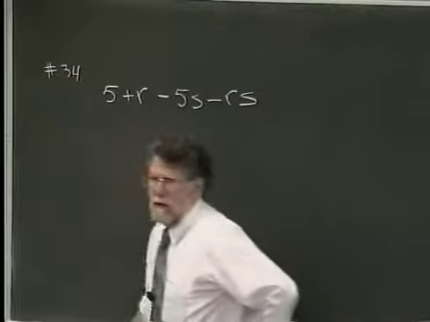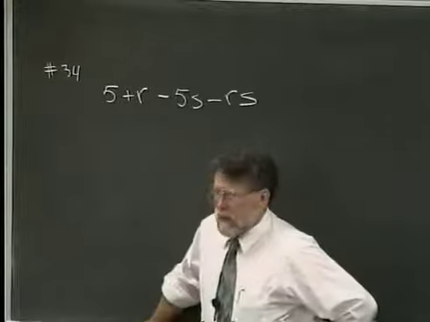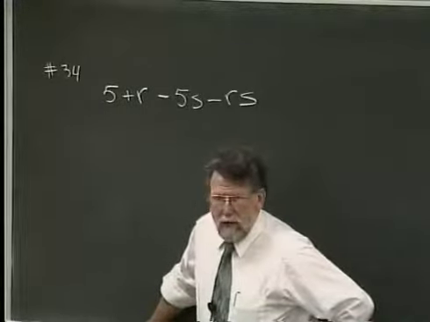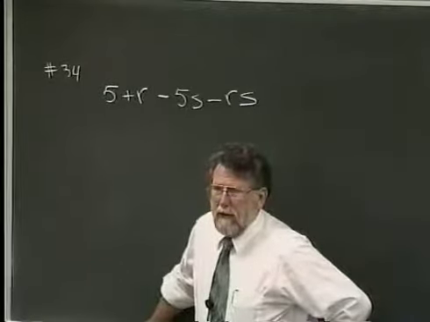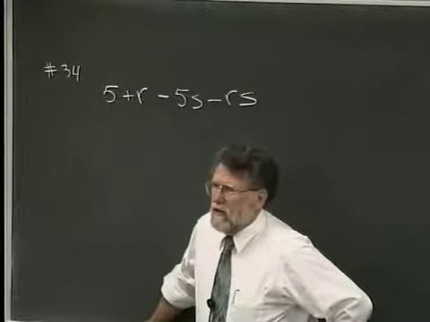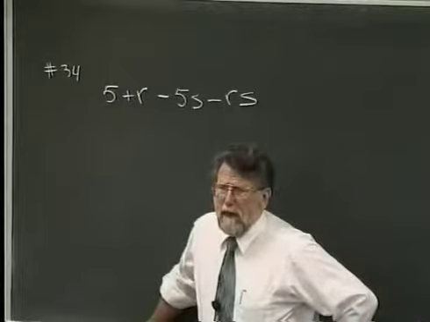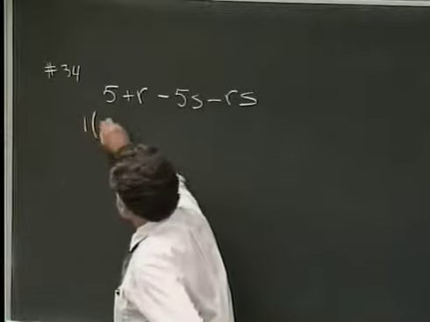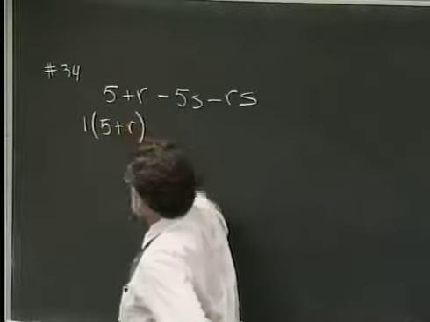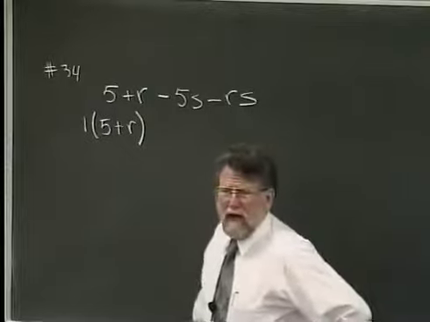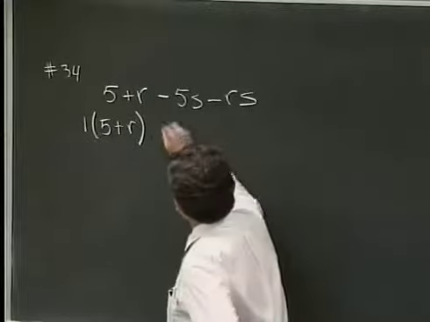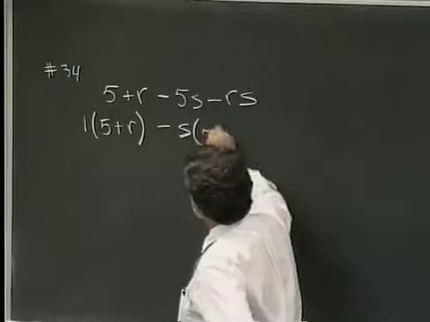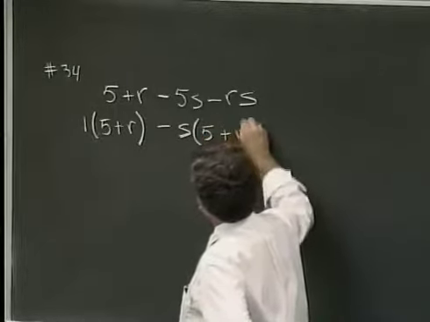Now this is one of the types we talked about near the end yesterday, grouping by pairs, by 2 terms. And you may look at this, and the thing that's going to be disconcerting, you don't see anything common in the first 2 terms. And that's what makes this one disconcerting. But nevertheless, it is true that 1 times 5 plus r is 5 plus r. Now I take out the common s, and I have a 5 plus r left.